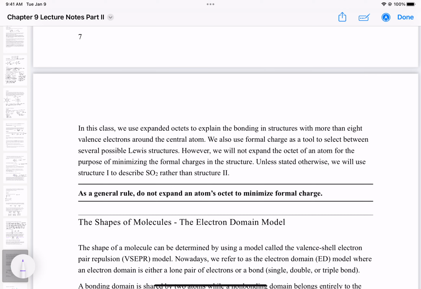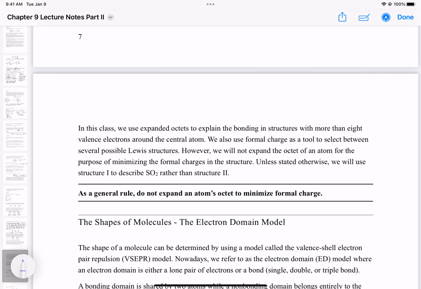So in my view, I like to describe sulfur dioxide as structure 1 rather than structure 2 because it shows you that it has resonance involved. Okay, structure 2 is kind of like a hybrid of the two resonance structures. So that's why I don't particularly like structure 2. But it's okay if you draw that.